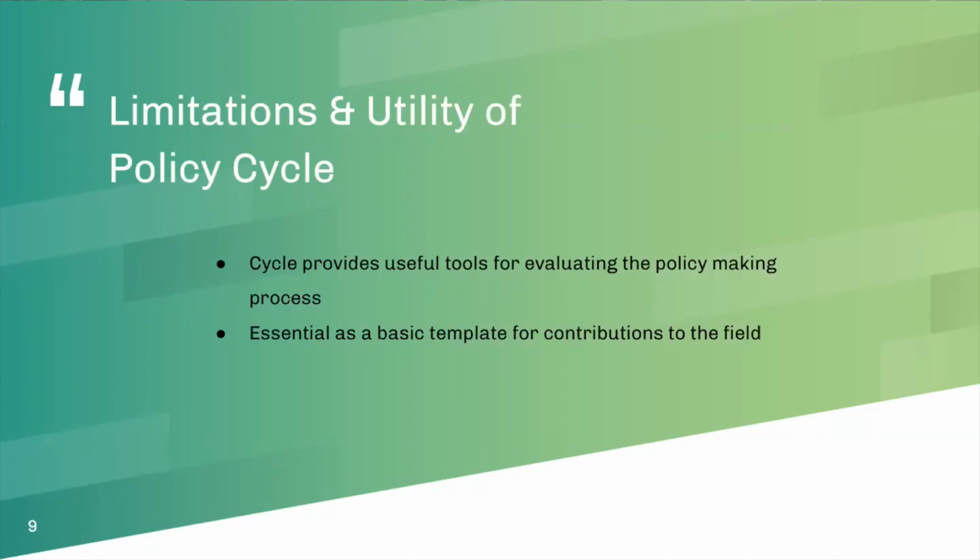Many central research questions still derive from this framework. It serves as a baseline because otherwise there's not a lot of structure to policy making because of its complexity. Finally, the policy cycle highlights which actors are the most important or dominant in defining a policy problem or formally adopting a particular policy.